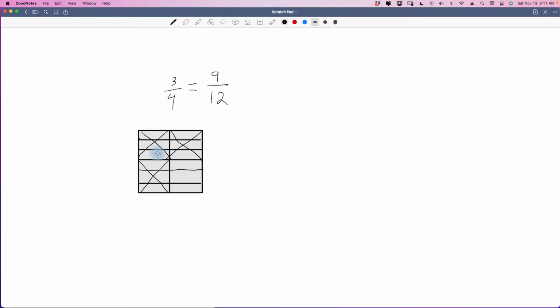So you could see we still have the same value that we have taken as our own, but now it's just in smaller pieces. 1, 2, 3, 4, 5, 6, 7, 8, 9, 10, 11, 12. And what we've crossed out for ourselves is 1, 2, 3, 4, 5, 6, 7, 8, 9. So that's a visual illustration of what that looks like.